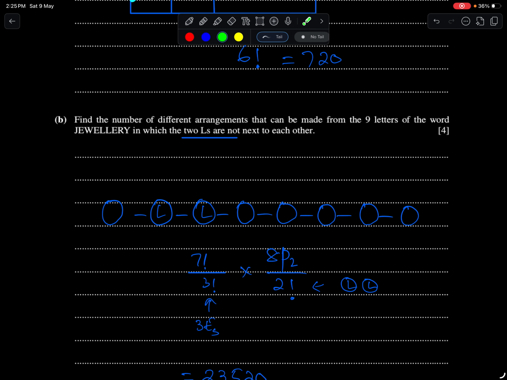And slots are 8. You can fill any 2 slots out of 8, so 8P2, and both filled slots are identical, 2 factorial. So first arrange the remaining 7 factorial by 3 factorial. Then arrange 2 L's. Put 2 L's in any 2 slots out of 8, and both slots are the same, so 2 factorial.